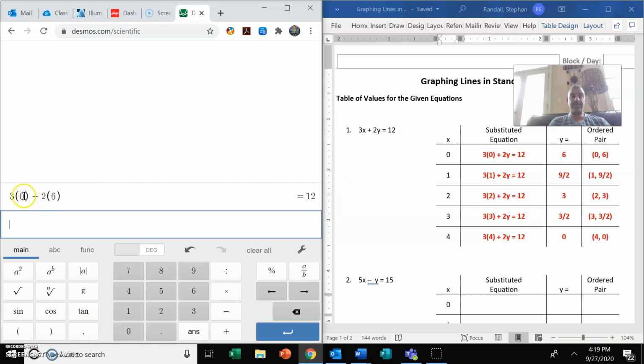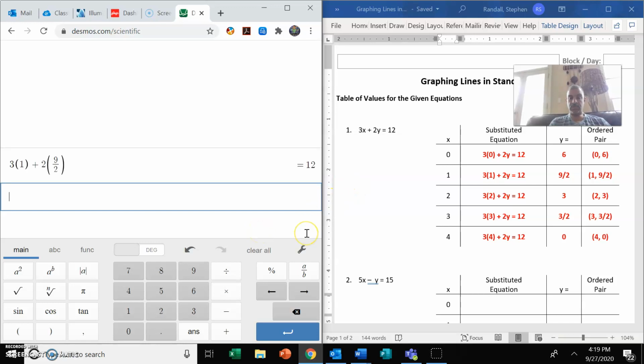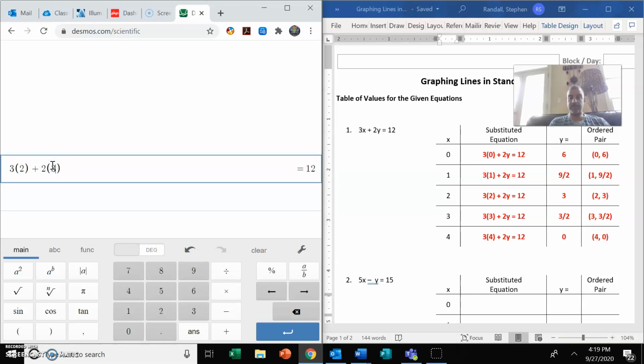And we can do that for each one. Let's see, if x is 1, y is 9 over 2, and it still equals 12. Okay, if x is 2, y is 3, according to my ordered pair, and it still equals 12.